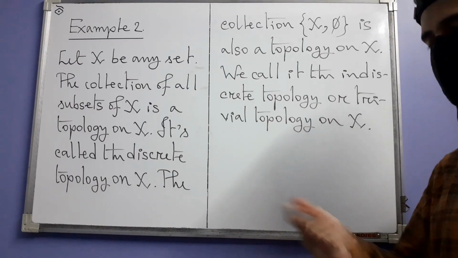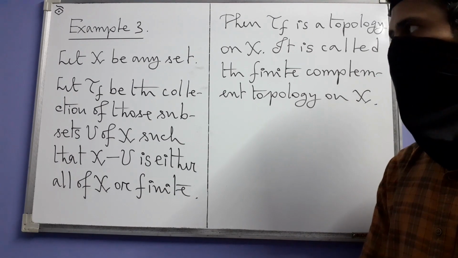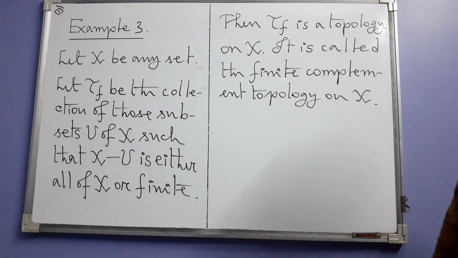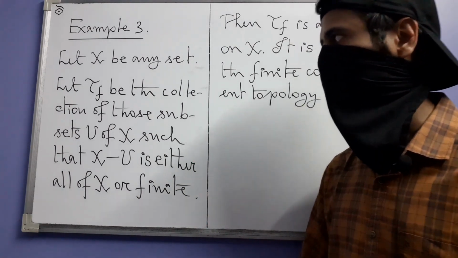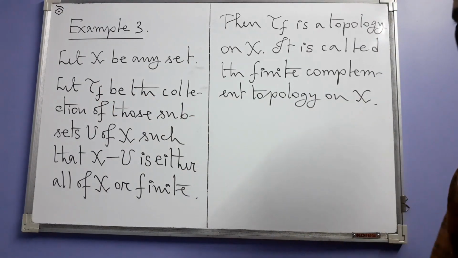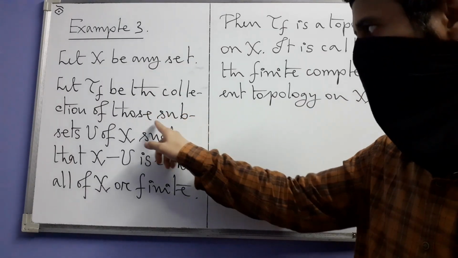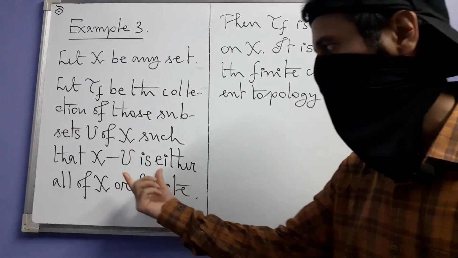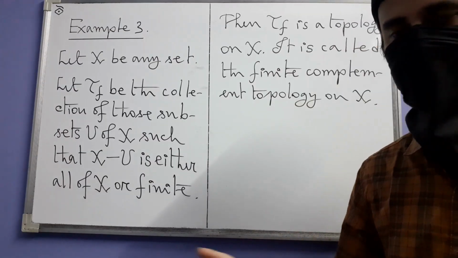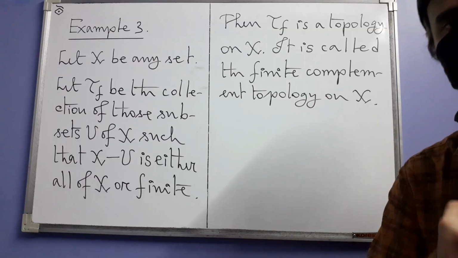Now let us go to more interesting examples in example 3. In this one also X is actually any set, so that generality is there, but the collection is somewhat special. We are denoting it by tau suffix f. F stands for finite, and the elements in tau f are this. Let this be the collection of those subsets U of X such that the complement of U in X, X difference U, is either all of X, that means it's equal to X, or is a finite set.